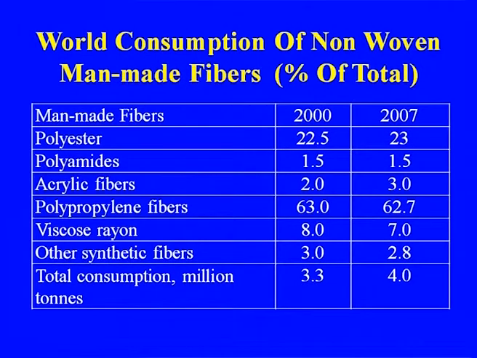We already discussed this part, the world consumption of non-woven man-made fiber, and here you can see the acrylic fiber is around 2 to 3% even in case of the non-woven man-made fibers.